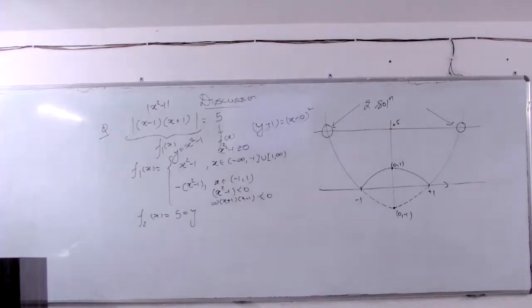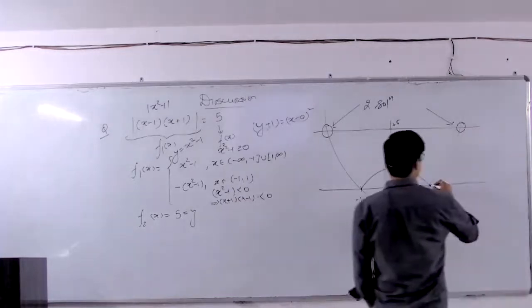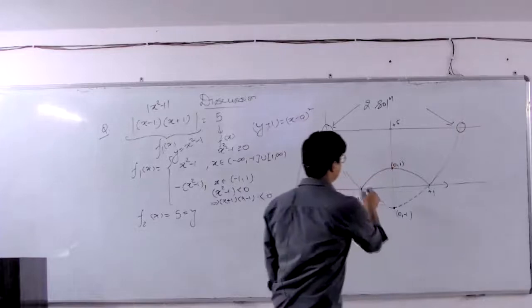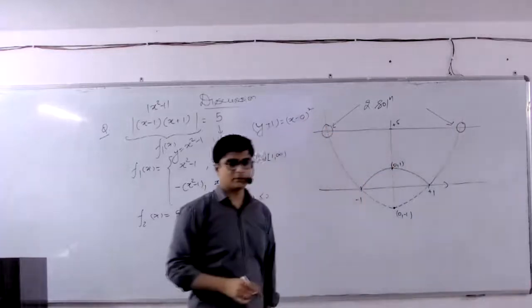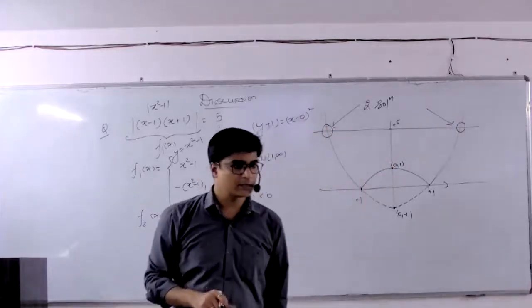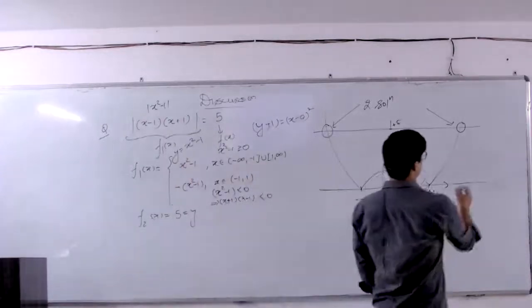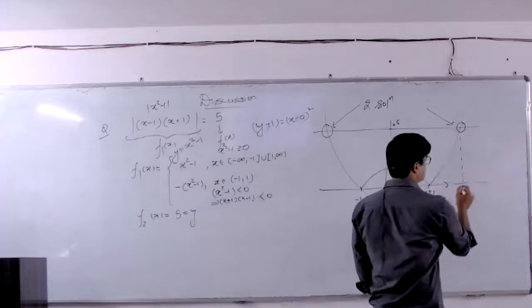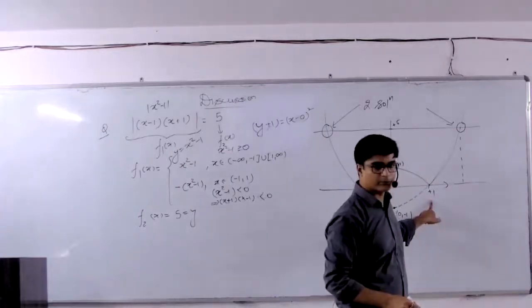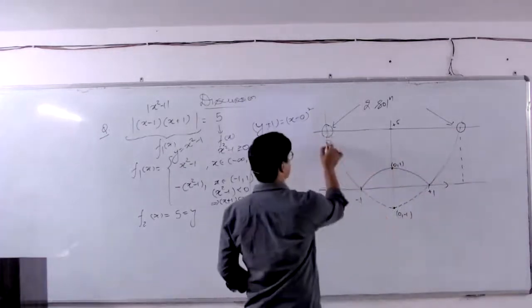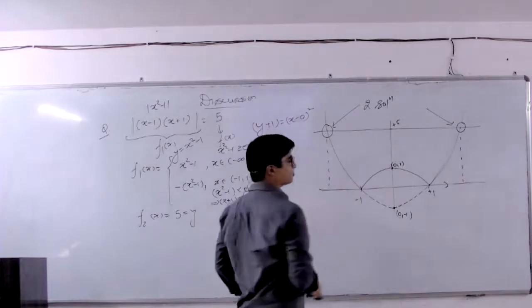Yes or no? Only this branch and this branch are getting intersected. So this value is greater than 1 or not, and this value is lesser than minus 1. Yes or no?